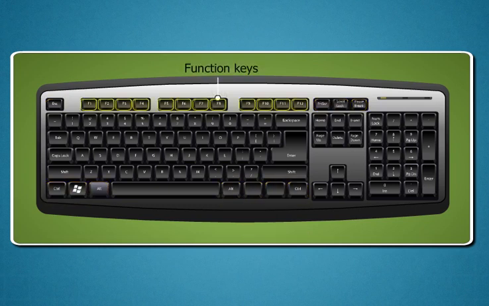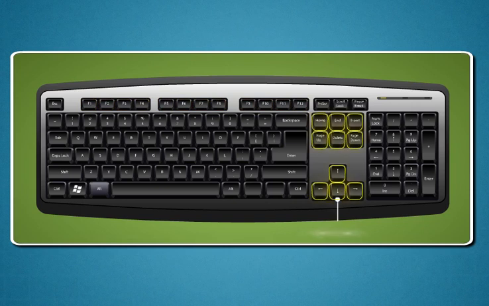Function keys. Function keys are labeled as F1, F2, F3, and so on, up to F12. The functionality of these keys differs from program to program. These keys are used to perform specific actions. Navigation keys. Navigation means locating position.